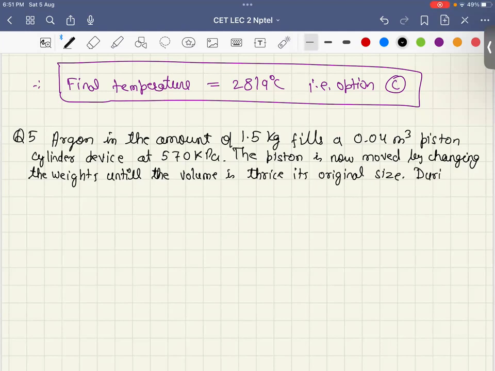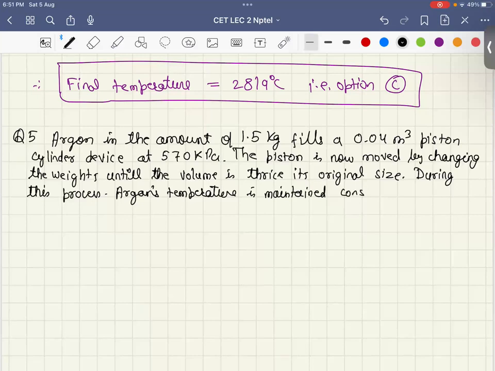During this process, argon's temperature is maintained constant. In the previous case, the temperature was going to vary, but the pressure was remaining constant. Whereas in the present case, the temperature is going to remain constant, right?